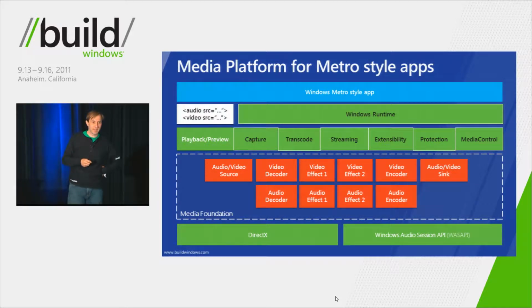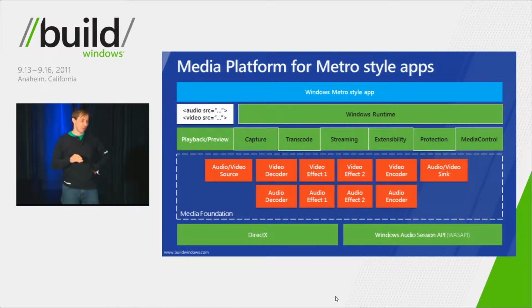These are defined in the W3C standard, or draft as it is still. These functionalities give you basic playback and preview, and we've augmented these with some additional attributes and methods that are only available to you as you build your Metro style app.